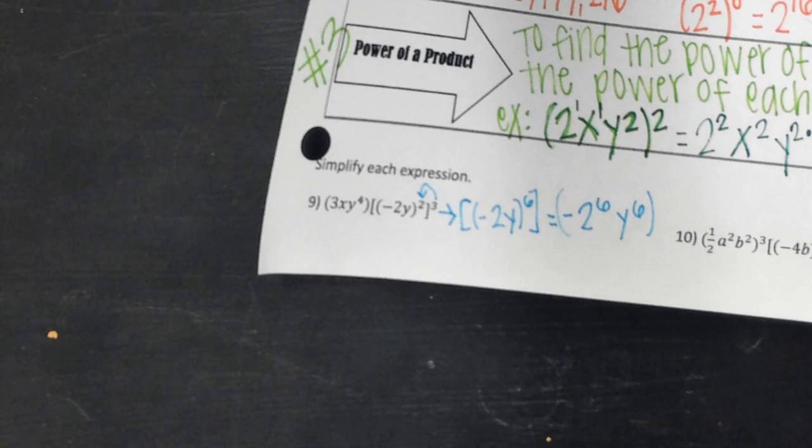Anytime you have x or any base raised to an even power, it's going to be what? Positive. What if I have a negative x raised to the 3rd power? It's going to be negative. But if that base is negative and it's raised to an even power, it's still going to be positive.